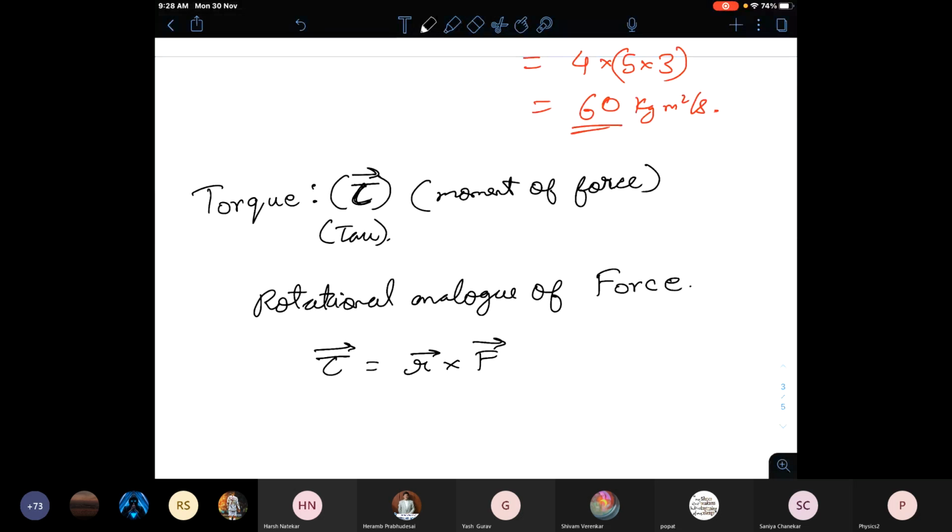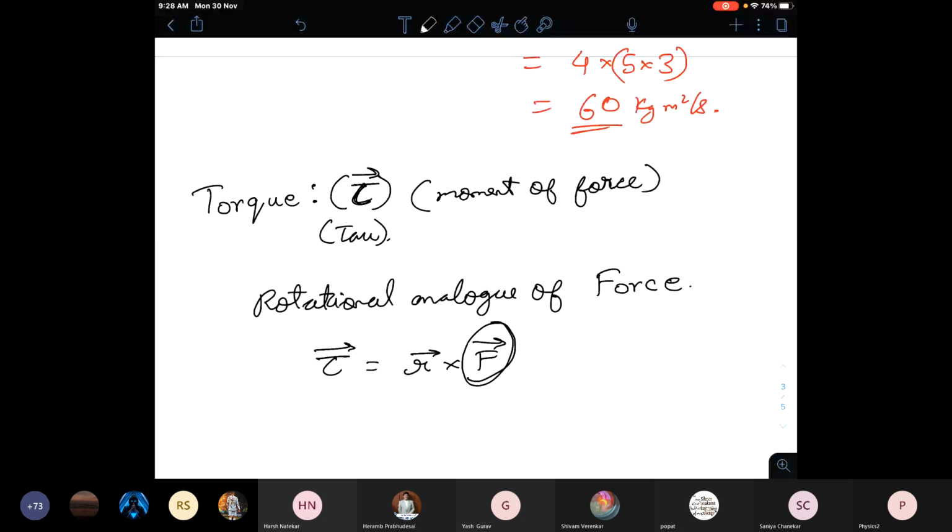If force is given to you and you are trying to create rotational motion from that, how? In the case of a door, see your practical example. You apply a force, but when you apply a force, the door shows rotational motion. So what is happening?